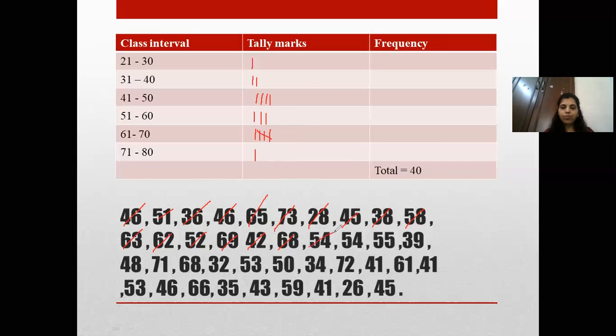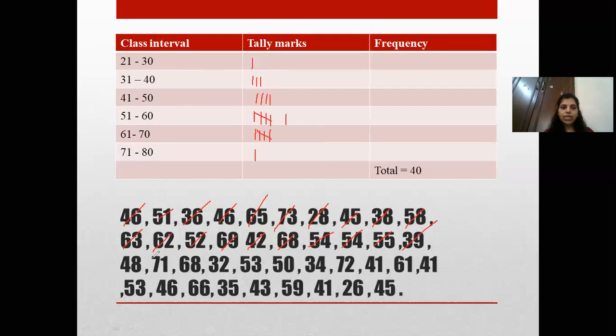Now 54, it will be between 51 to 60, so 54 one line. 54 again, so now 4 lines are there, so you'll cross this line like this, you'll put a slant line over here. So 55, now you'll start over here once again because 51 to 60 it is coming in that particular group. 39, strike off 39. 31 to 40 it will come over here.